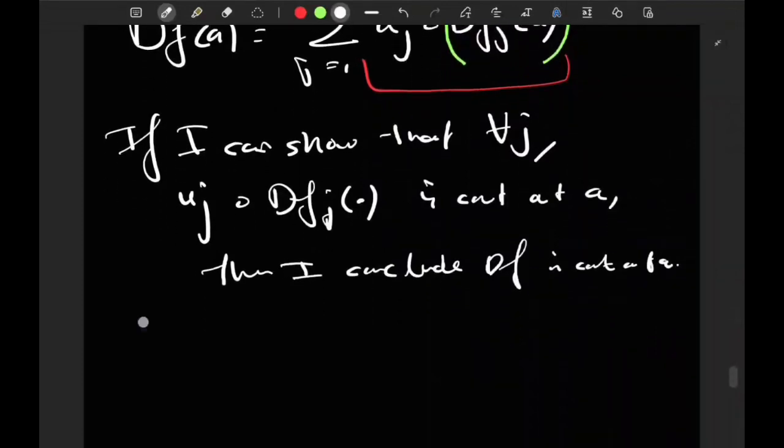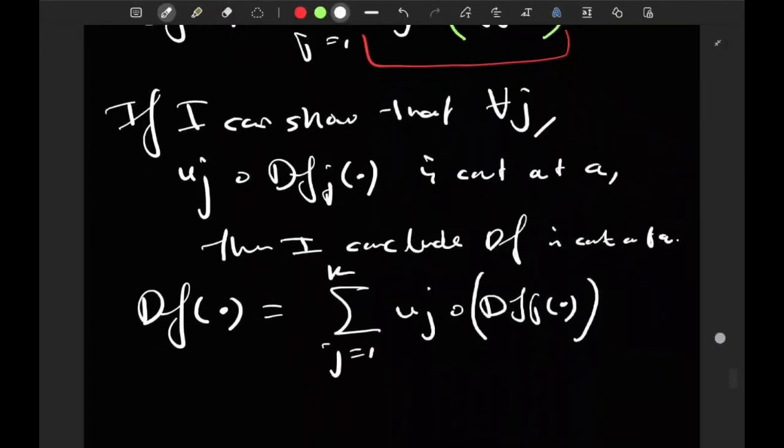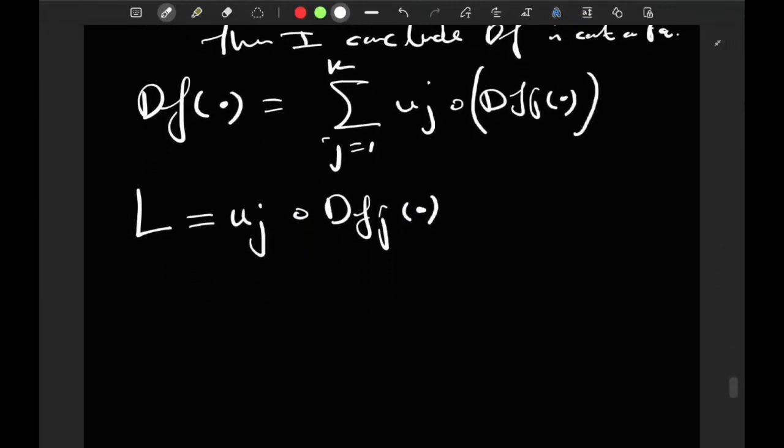Why? Because df is just the map given by the sum of uj composed with dfj dot, j equal 1 up to k. Let me call L the map, for a given j, uj composed with dfj dot. How does L look?